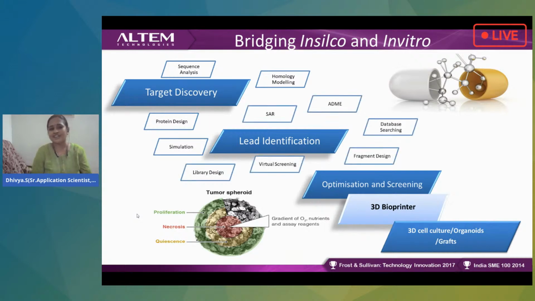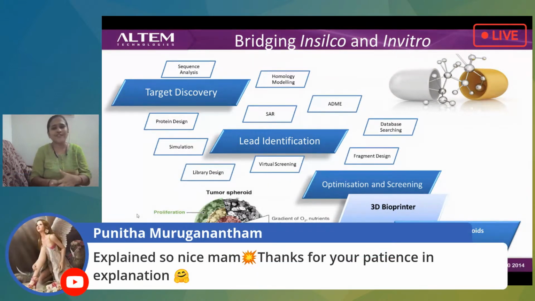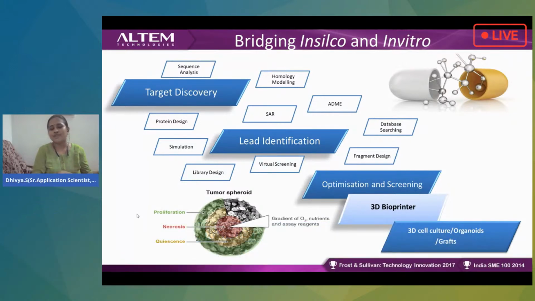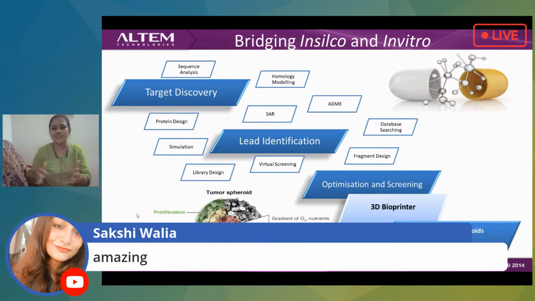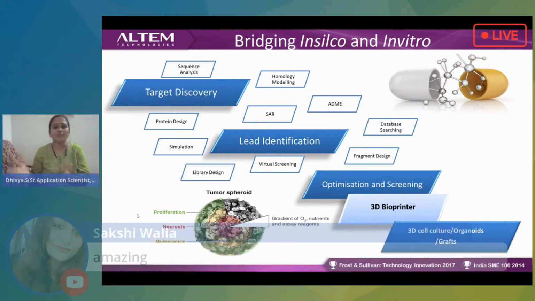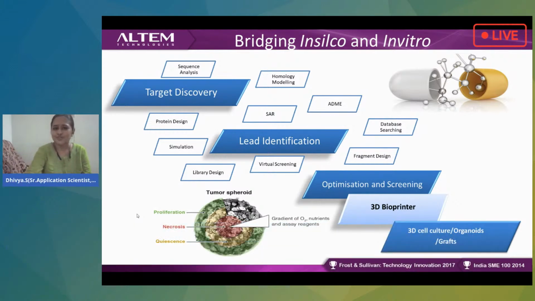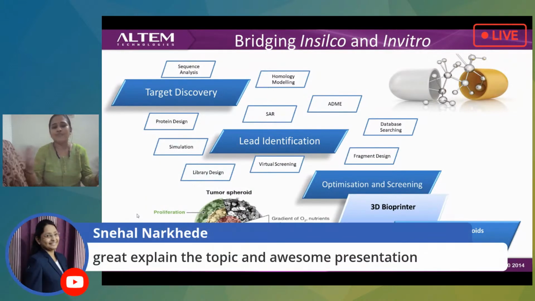In target discovery, we go right from a sequence towards a structure, towards a site identification, and then move to 3D printing models. So bridging of technology is very important, by introducing the convergence of various different fields.